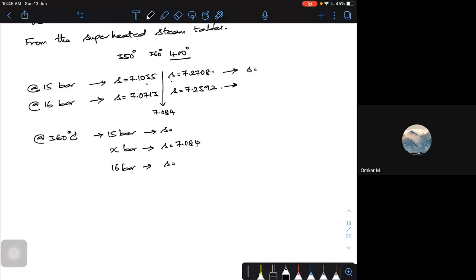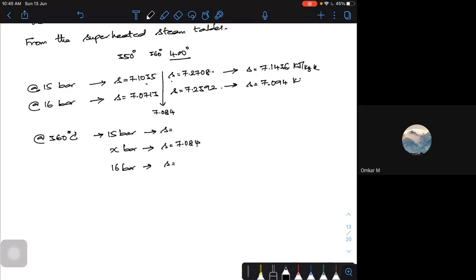I'll write the values, you can cross check them. This is 7.14, 7.1436. This is roughly around 7.09 actually, 7.094 kilojoules per kg Kelvin.